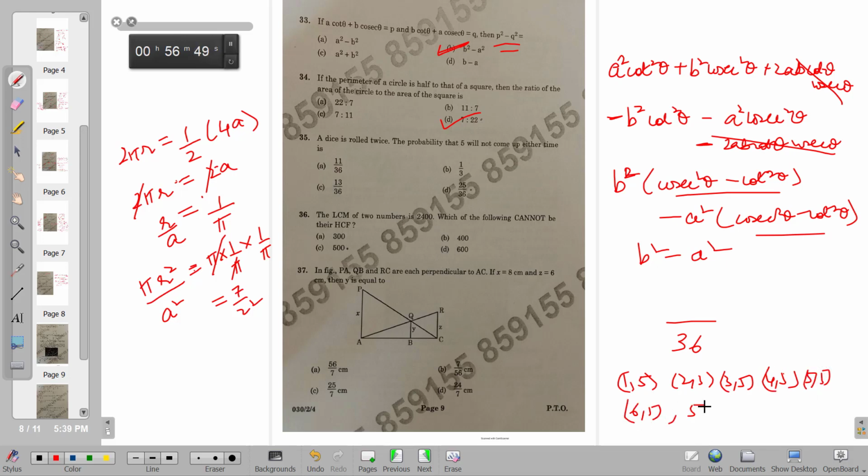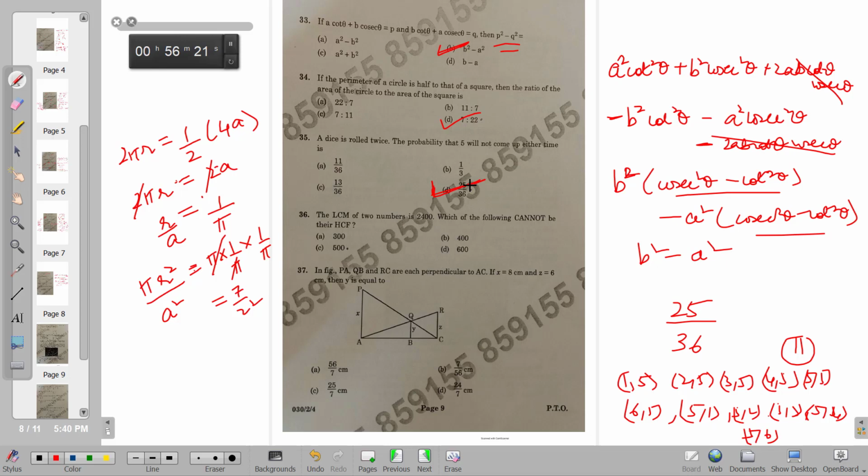You could have the opposite, 5 1, 5 2, 5 3, 5 4. Don't count 5 5 again. And then you could have 5 6. So totally how many possibilities are there? There are 11 possibilities. These 11 you need to remove from 36. That means you'll be left with 25. So the probability that 5 will not come up, for the 35th one, will be D.